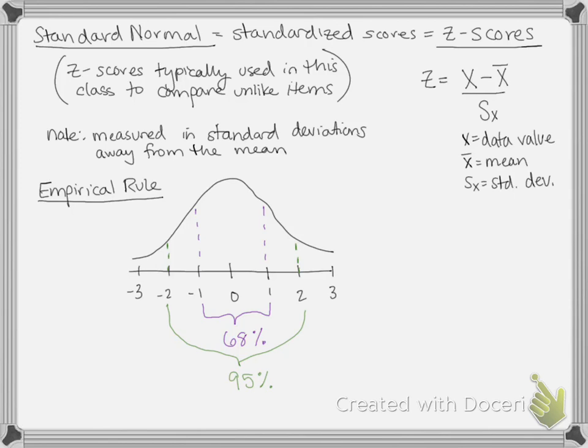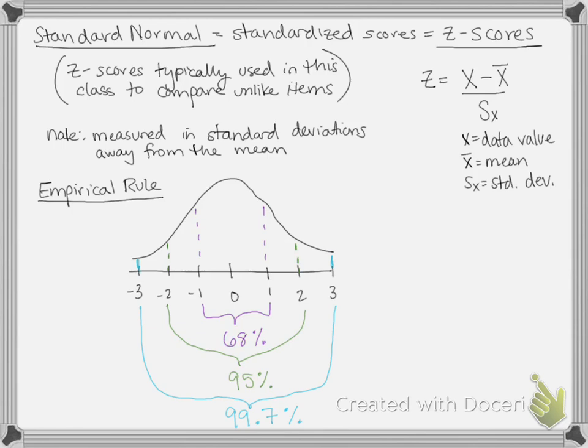Okay, and we're going to go some other color, blue, and we're going to go 3. I'm just going to draw a line down here because I can't really fit a dotted line there. And if I take this out 3 to the left, so -3 and +3 standard deviations away from the mean, then there's 99.7% of the data between those two values.